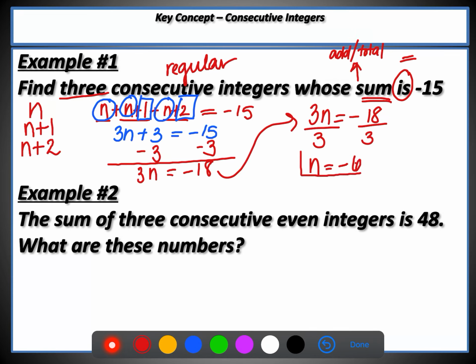Now -6 is not my final answer. -6 is just my first integer. There are 2 more. You have to make sure that with these types of problems, you list all of the answers. So you could take your n and substitute it back into each one of your notations.